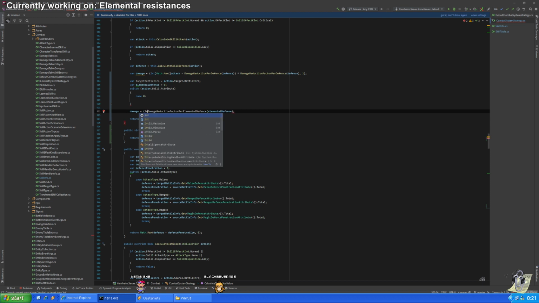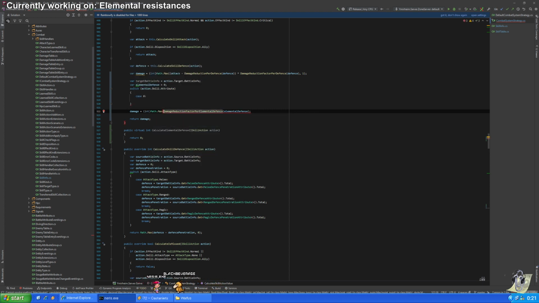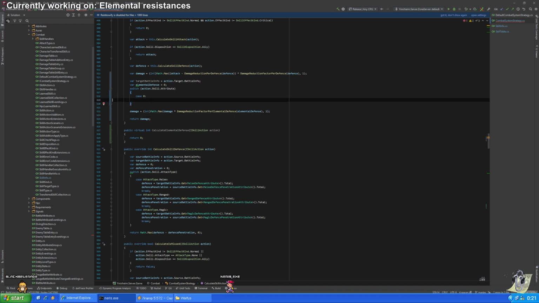So it's gonna be int math max of damage times this crap and 1. Yes. So this is fine. This is null by default.